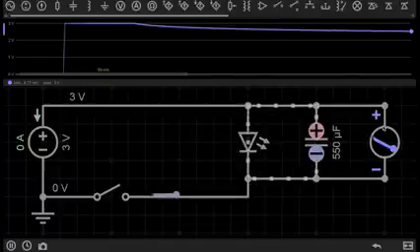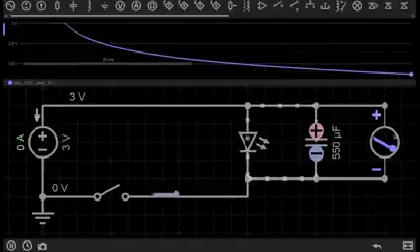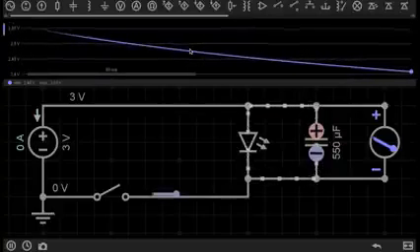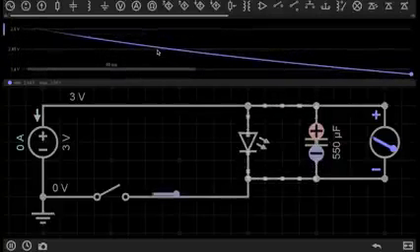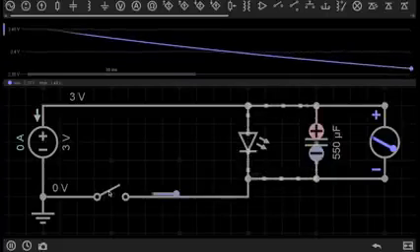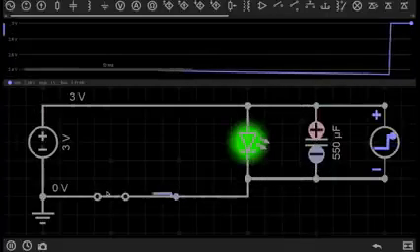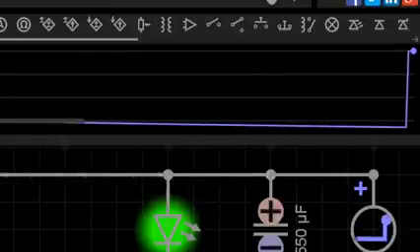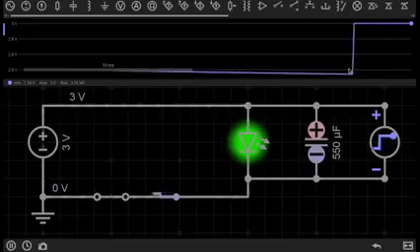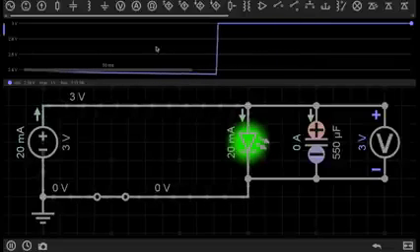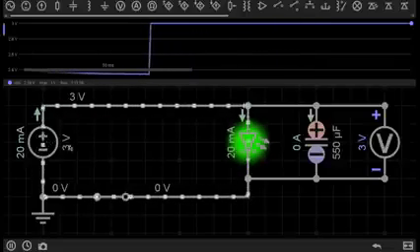So what I've done here is I have connected a voltmeter across the capacitor so we can see what is going on with this capacitor. When I close the switch to this circuit, watch what happens. You can see up here the capacitor has just charged to 3 volts, which is the power that I am supplying the circuit with.